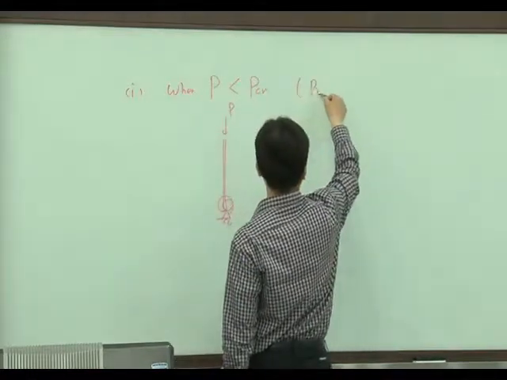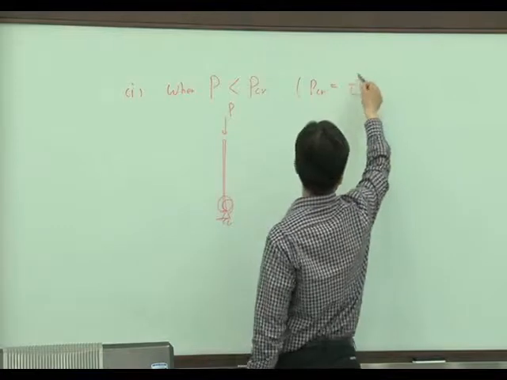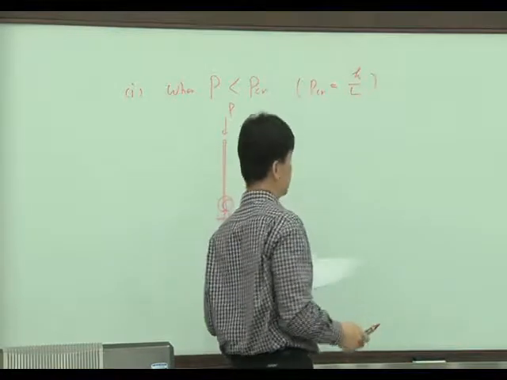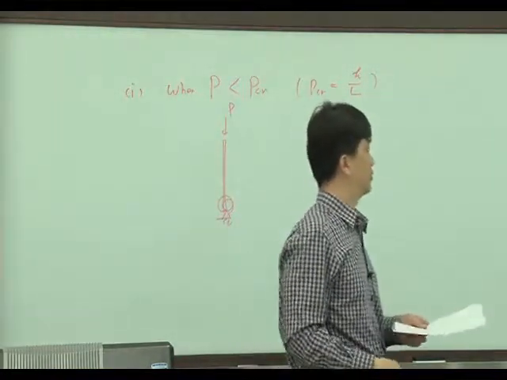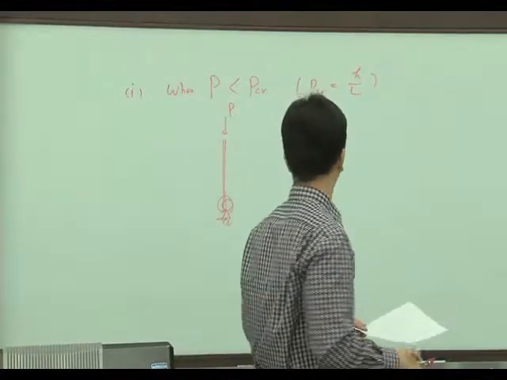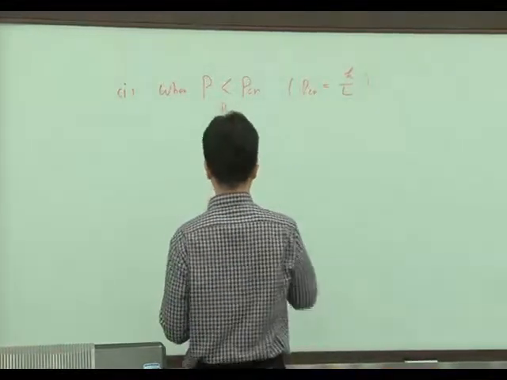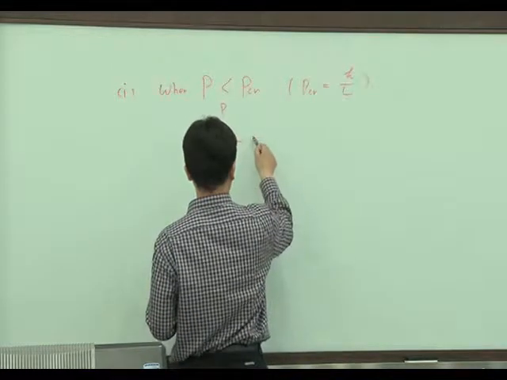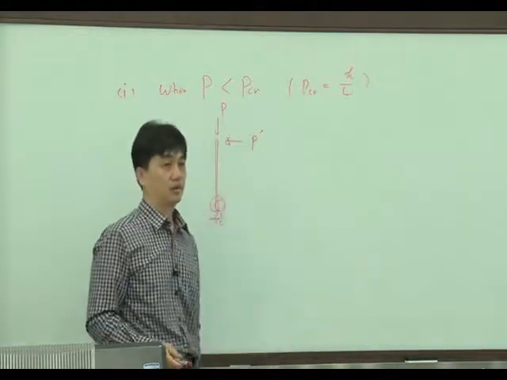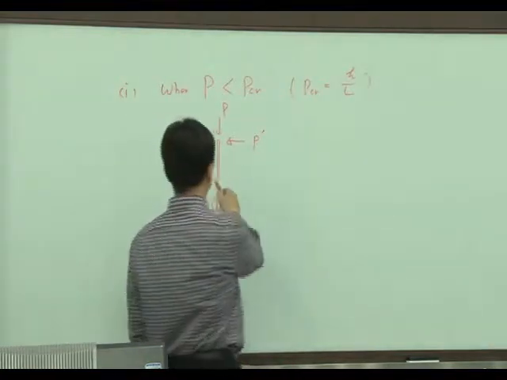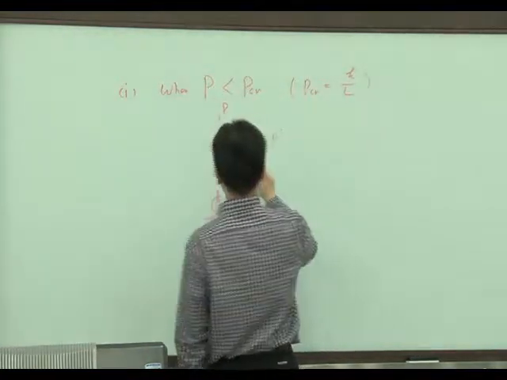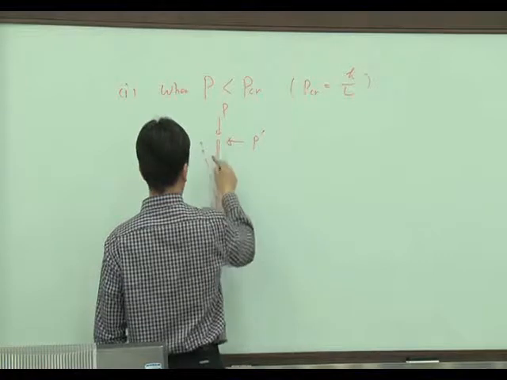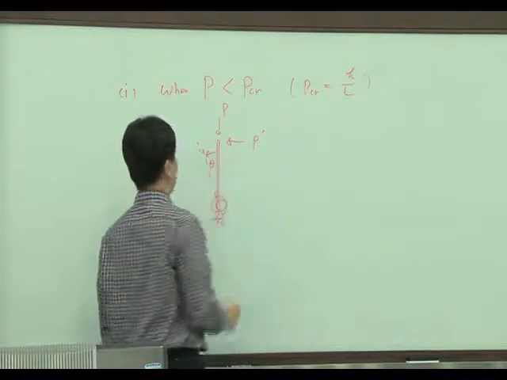Here, PCR equals K over L. Then I'm going to give a perturbing pulse P. Then this one will rotate a little bit with the angle theta.